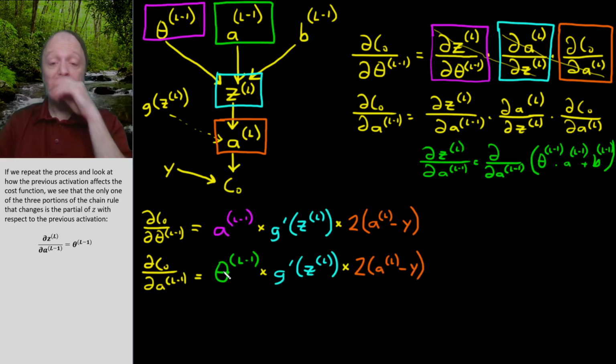Okay, so all that changed was this first piece, because these two were exactly the same. This is the only one that changed. Okay, so now that takes care of how the activation affects the cost function.